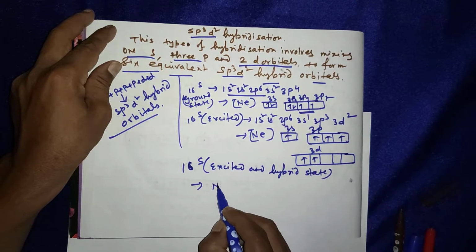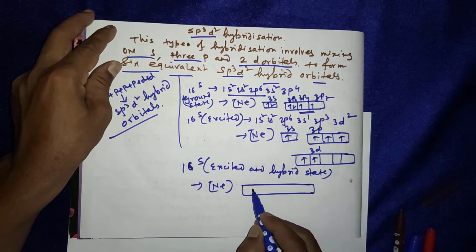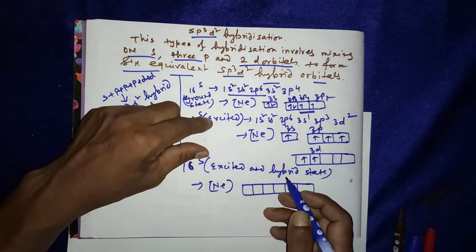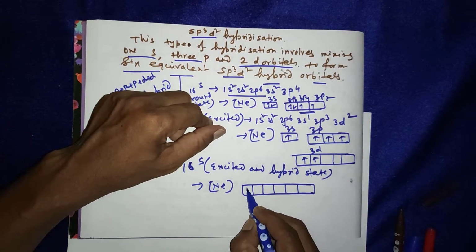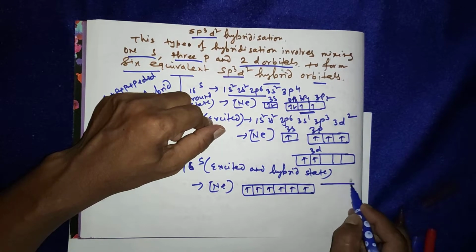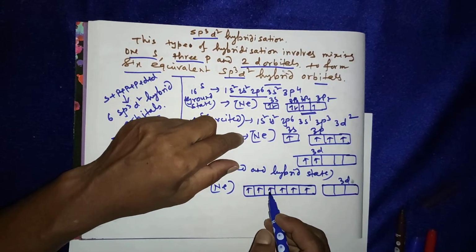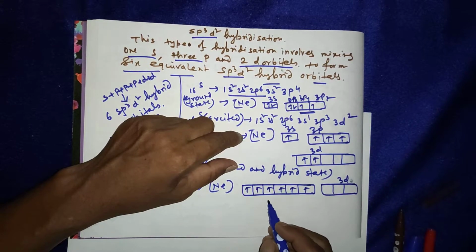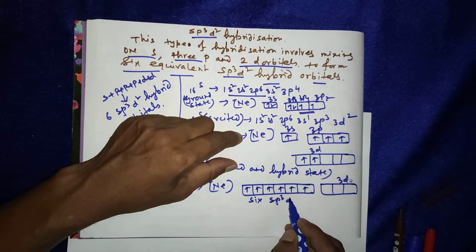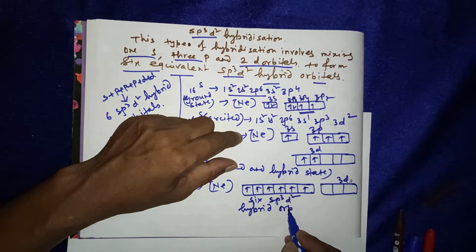See, neon core, and these are the 6 electrons, and this is 3d, and these are basically 6 sp3d2 hybrid orbitals.